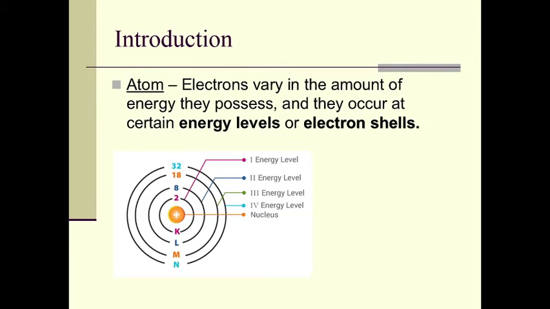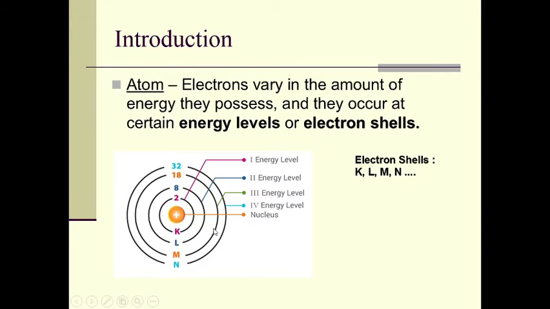We can see in this diagram we have different shells. The center one is the nucleus, then we have the innermost shell, that is the K shell, then the L shell, then the M shell and N shell. We have given the names K, L, M and N to these shells.